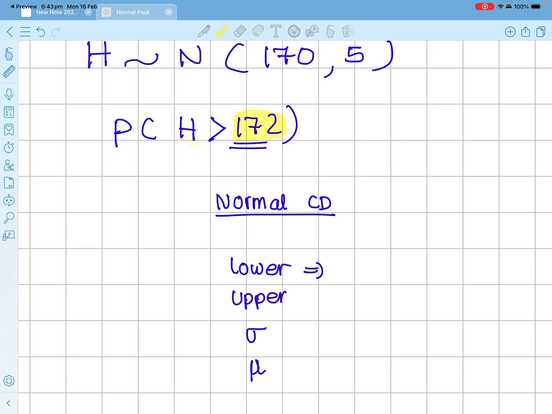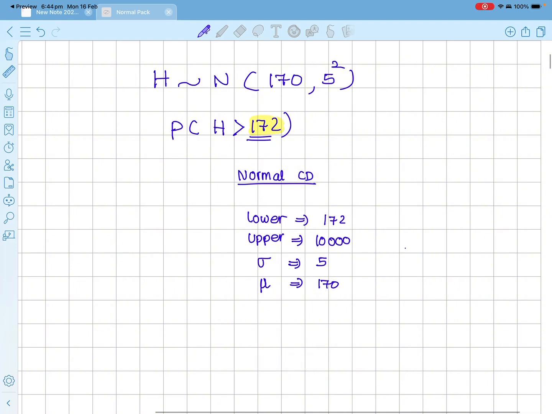No. So that's the lowest. Upper is 10,000. Sigma is 5. And mu is 170. If you put this, you get an answer, and that answer is the probability here, which is 0.3446.